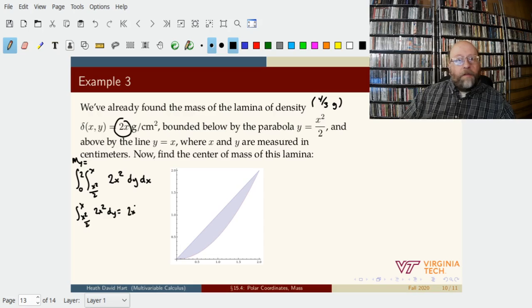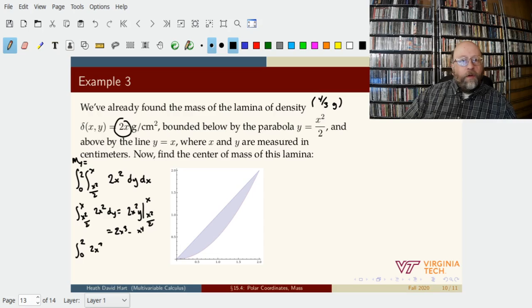Okay? So let's see, do the inside integral first. That's going to be 2x squared y from x squared over 2 up to x. That's 2x cubed minus x to the 4th. And then we'll integrate that from 0 to 2. This is going to be x to the 4th over 2 minus x to the 5th over 5.